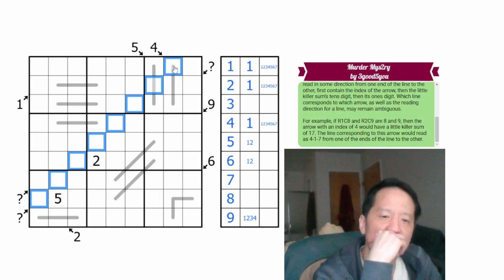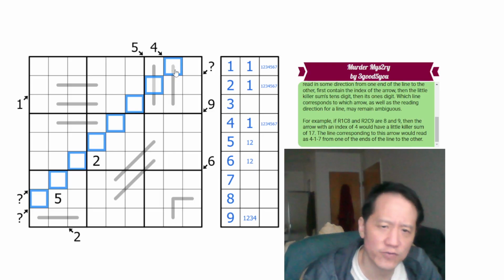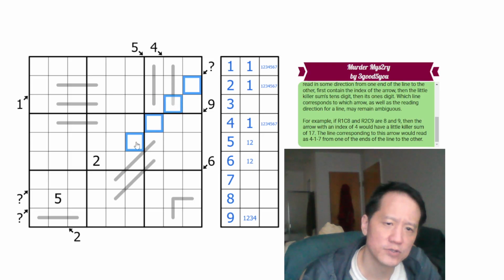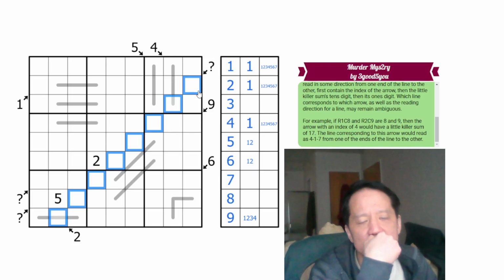That's 45 plus 8 times 3. So it could be 6. And this is equivalent to, right? Because this is also 8 digits, 5 of which could be 9, and 4 of which could be 8.